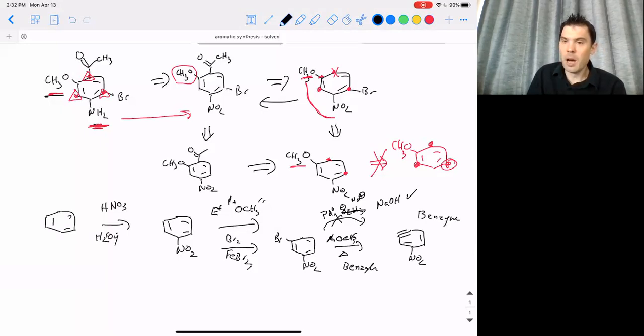So benzyne. The problem there is you can end up with a mixture of regioisomers as well. So I would consider that an acceptable answer. It might not be the best answer because of the regioisomer problems going through benzyne. The other way that you can do it is actually to take this instead and do a second nitration.